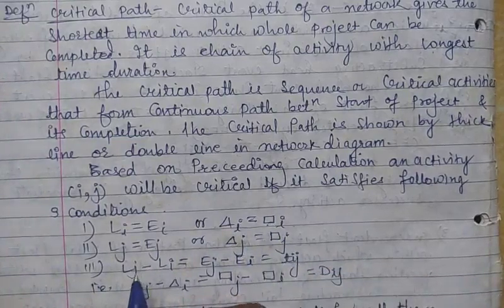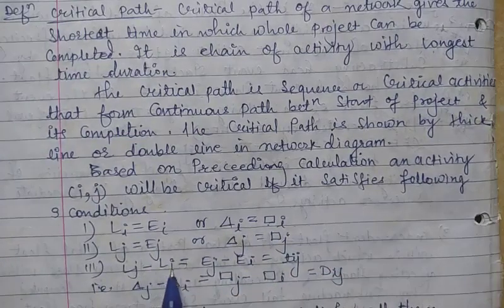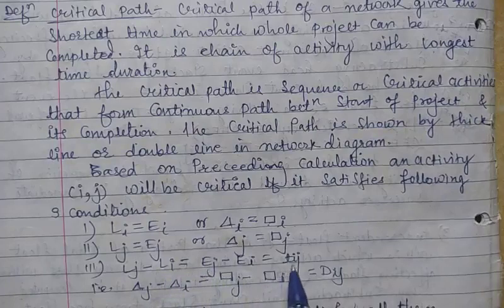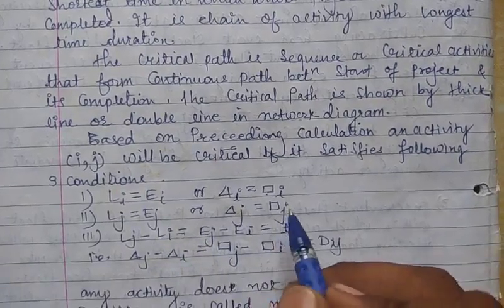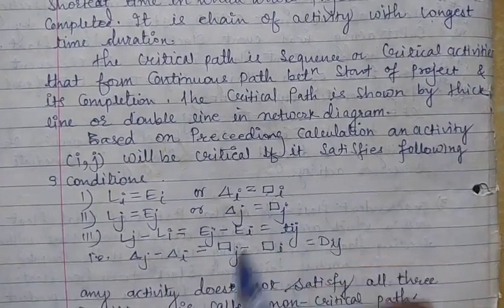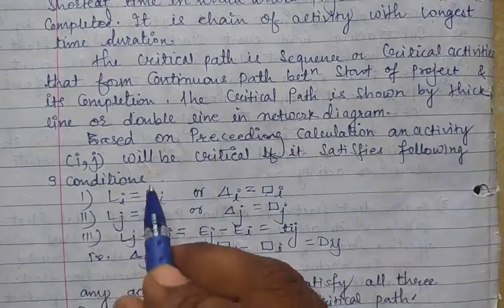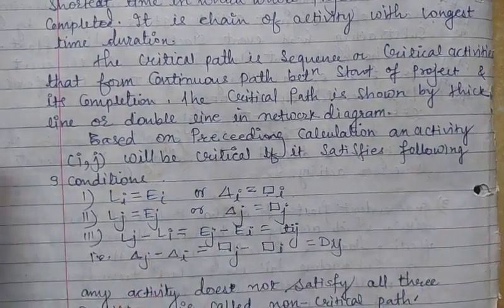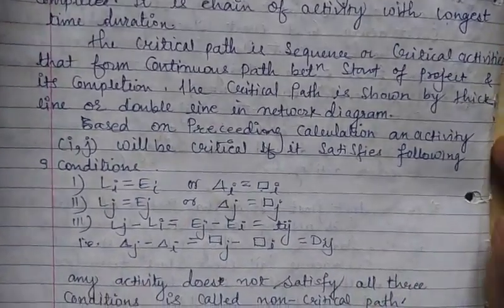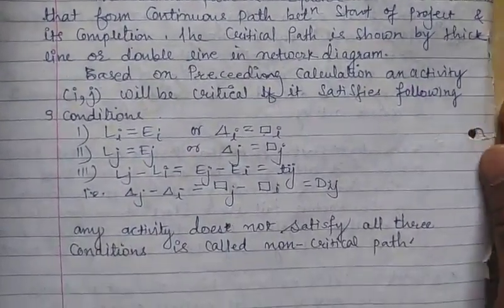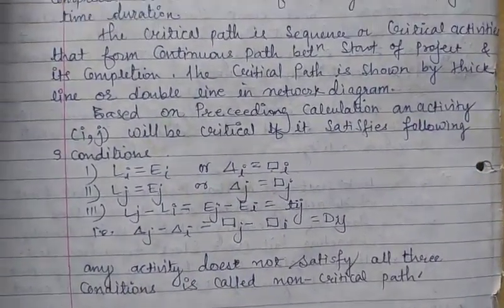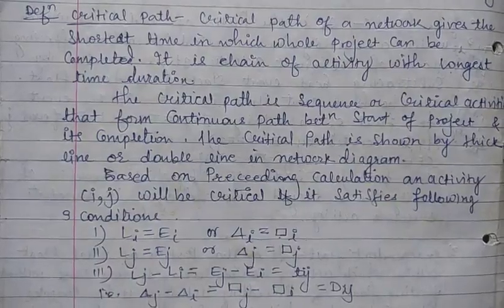And the last condition is Lj minus Li is equal to Ej minus Ei, which is equal to the time duration Tij. These are the conditions for ij to be a critical activity. Any activity that does not satisfy all three conditions is called non-critical. So this is the critical path, and it completes our theory part.